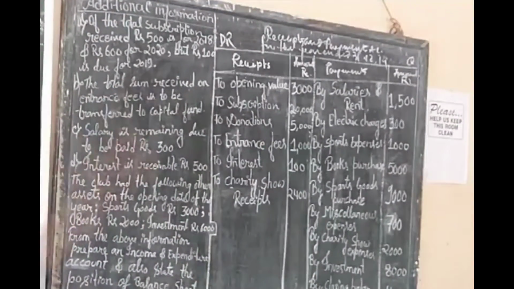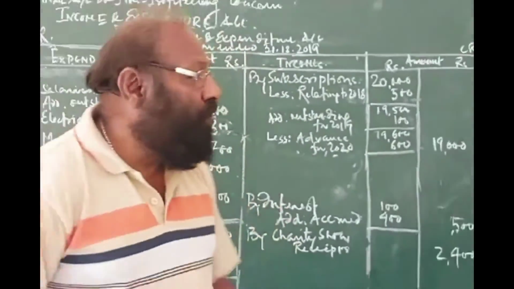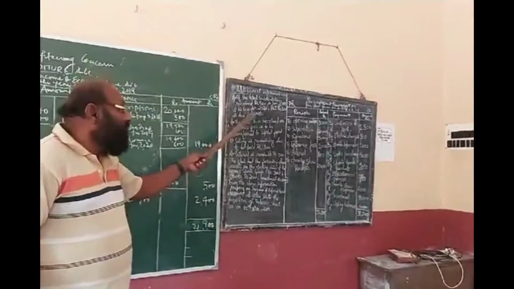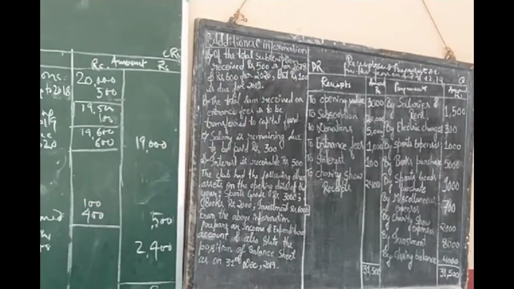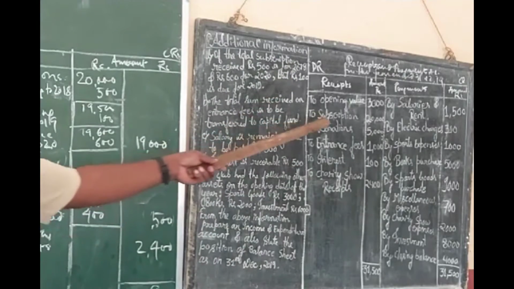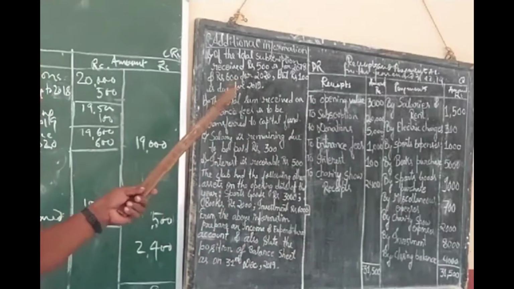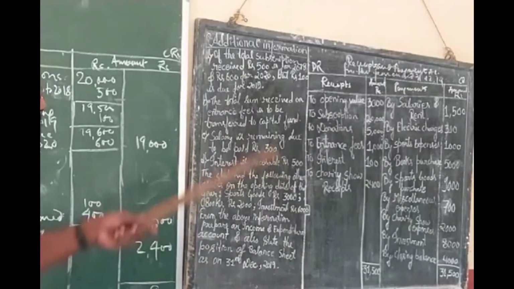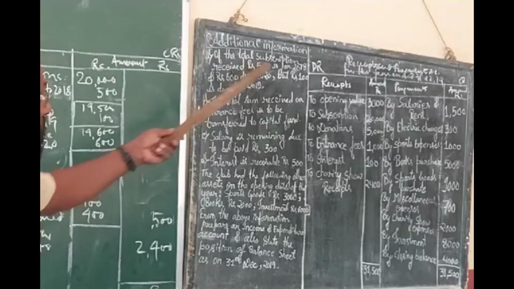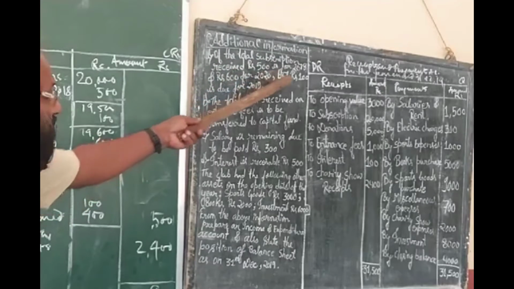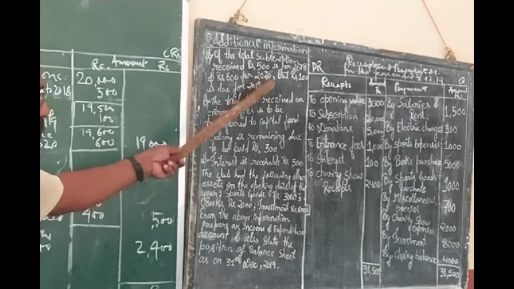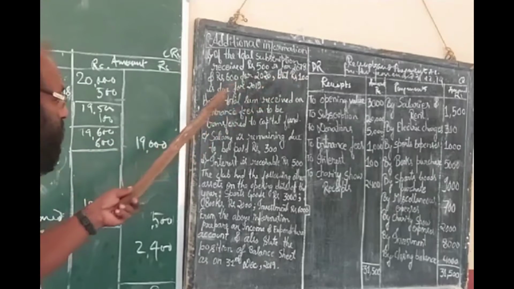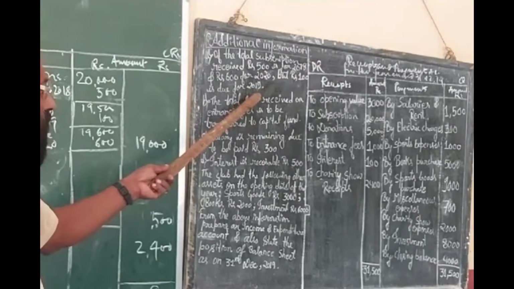Friends, before solving the problem, my suggestion is that you should always go through the additional information first. Okay, because it will help you to solve the problem, and as you go on solving the problem, you will simultaneously consider the adjustments. Now, of the subscription received, 500 is for 2018, and 600 is for 2020, but 100 is due for 2019.